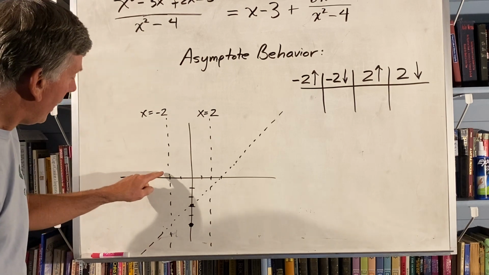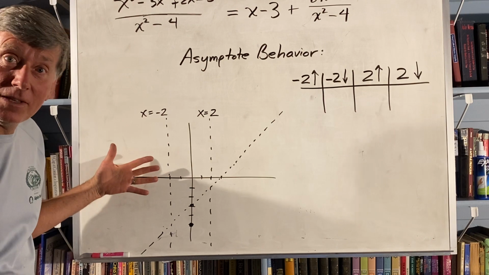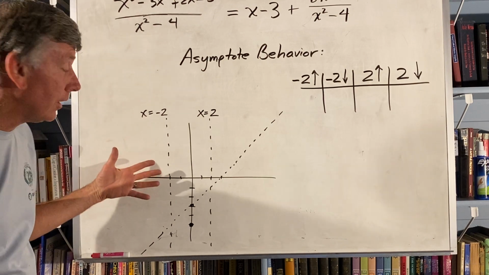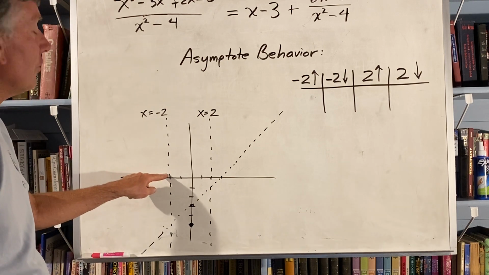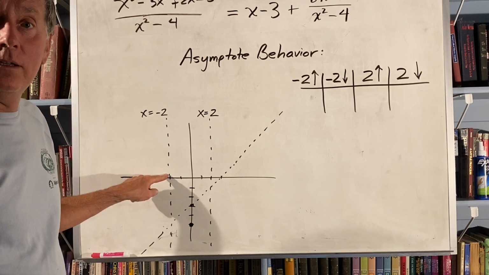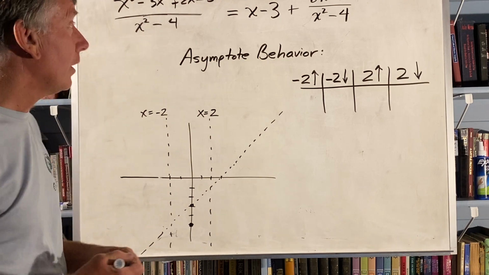I wonder what happens as I get real close to -2 from this side. That's what I mean by from below. So I'm coming at -2. Let's take -2.1, a number fairly close to -2, but still something that we know will work.